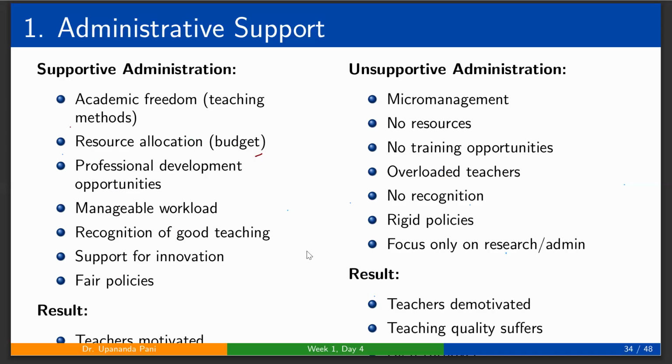Now, unsupportive administration: micromanagement, one person managing everything, no resources, no training opportunity, overloaded teachers, no recognition, rigid policies, focus only on research or admin. Any one of them. Like if we are only focusing on the admin, that is also not good. Now, teachers are demotivated, teaching quality suffers.